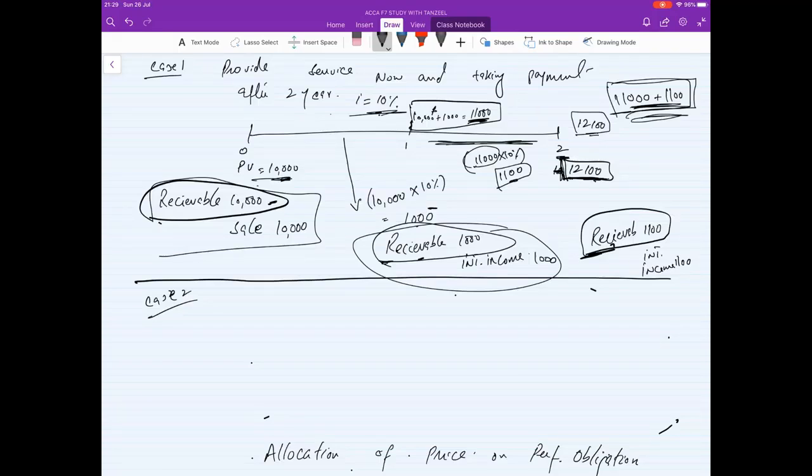I have already taken the cash, so I will do bank debit 10,000, and I will not book the sales because I have not given the service yet, I will give it in the next 2 years. So I will consider this as a loan.